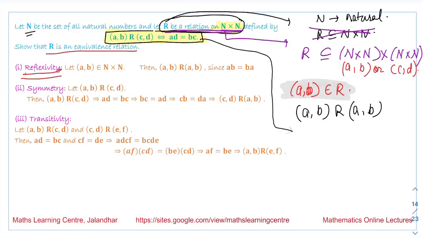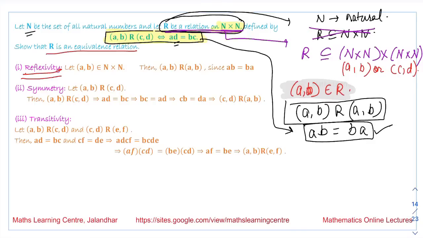(A, B) is related to (C, D) if and only if AD is equal to BC. So here AB is equal to BA, and we know that this property holds for all natural numbers. So what we get is that (A, B) is related to (A, B), that is, this relation is a reflexive relation.